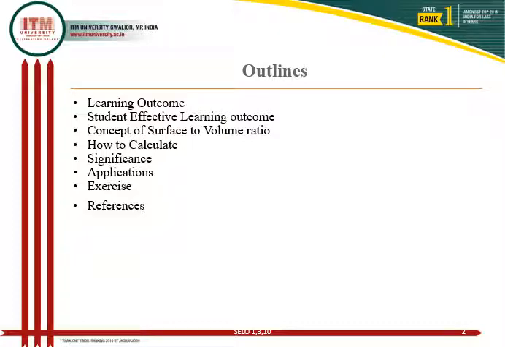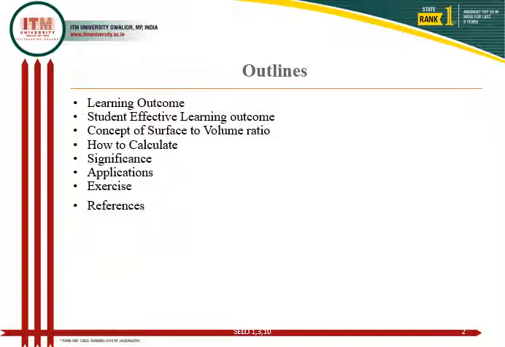The outline that I am following here: first we will discuss the learning outcome of the presentation, followed by student effective learning outcome. Then we will discuss the basis of classification of superconductors and how magnetic field can classify superconductors into two types.